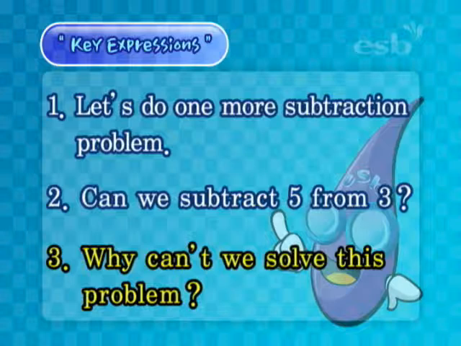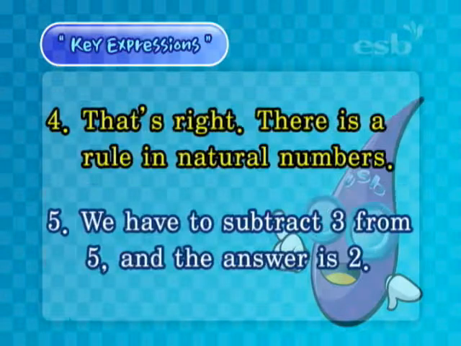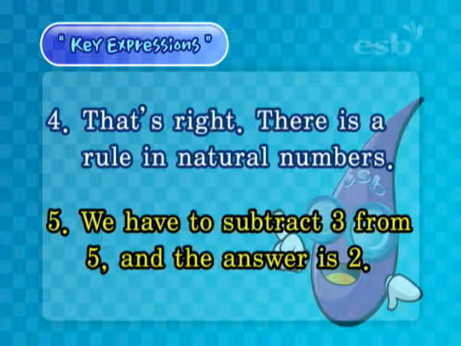Sentence 4, there is a rule in natural numbers. And sentence number 5, we have to subtract 3 from 5, and the answer is 2.